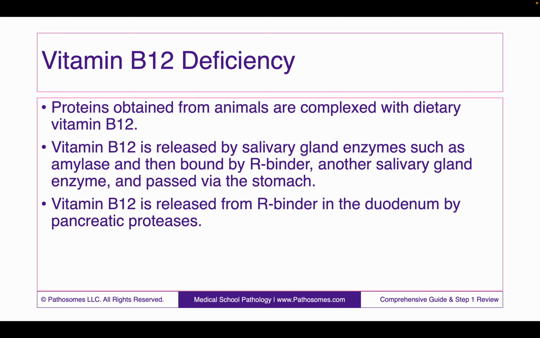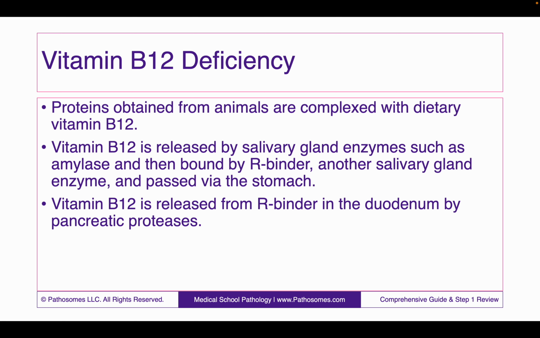You know about amylase, that enzyme that breaks down starch, right? Vitamin B12 is released by salivary gland enzymes such as amylase and then bound by R binder, another salivary gland enzyme, and passed via the stomach.